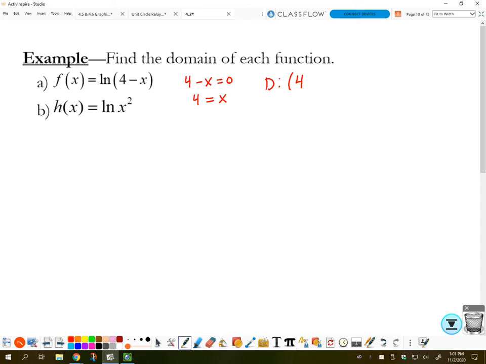My gut says 4 to infinity, but if x is negative, then that's going to reflect us over the x-axis, so it's actually going to be negative infinity to 4.